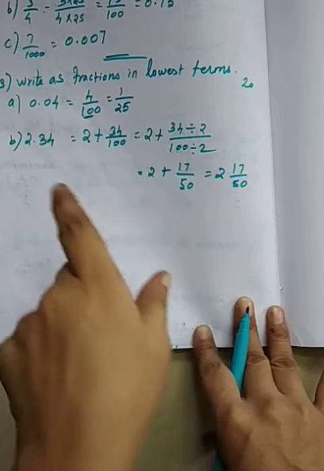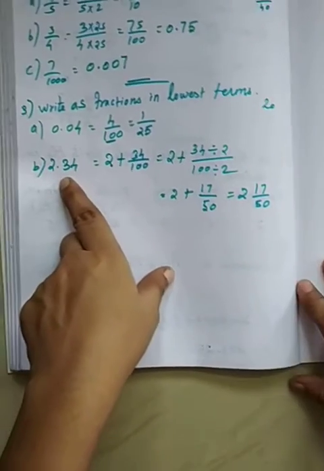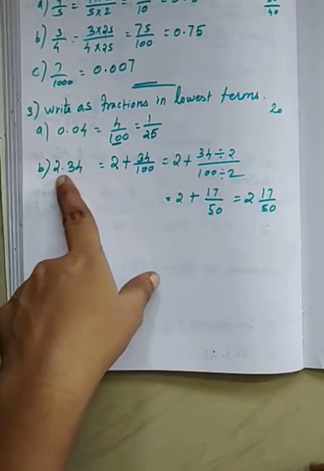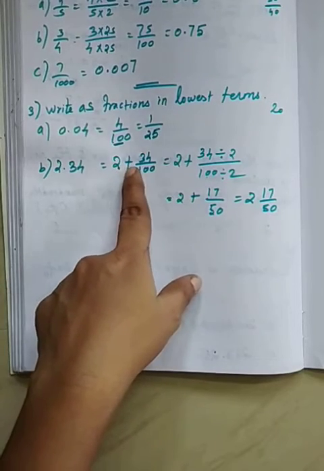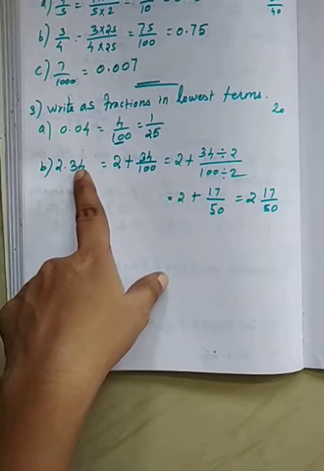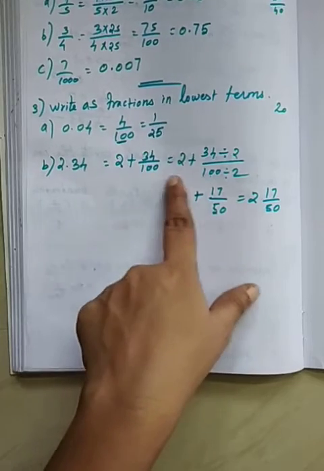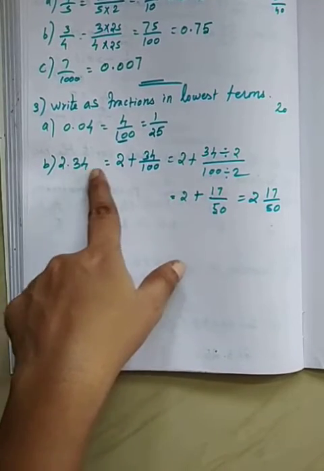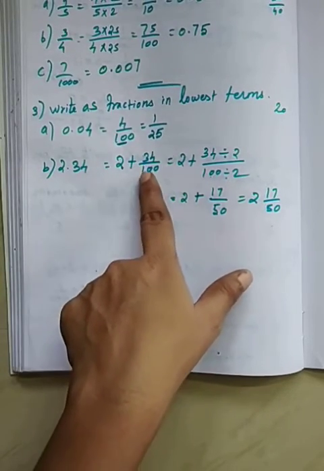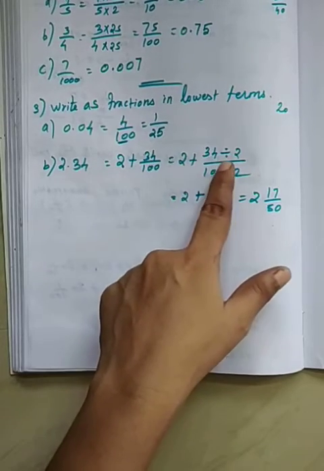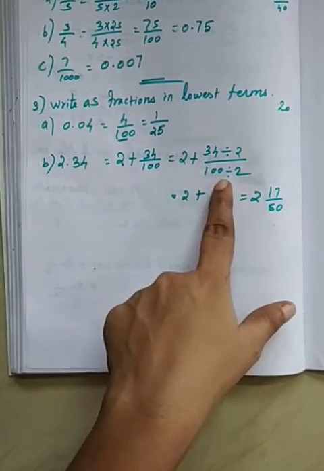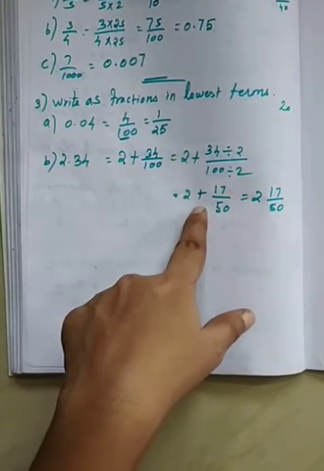Everybody clear? See here, 2.34. 2 is the whole number, so you can write 2 plus. In this, 0.34 is here, so you can write 34 divided by 100. This is the 100th place. So 2 plus 34 divided by 2 by 100 divided by 2. So you will get 2 plus.